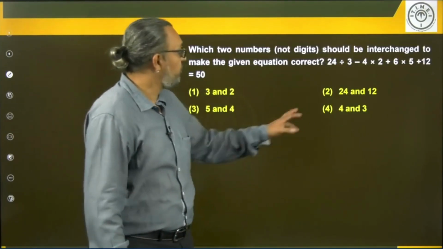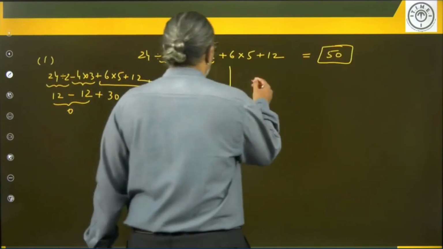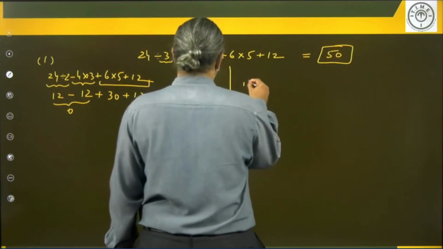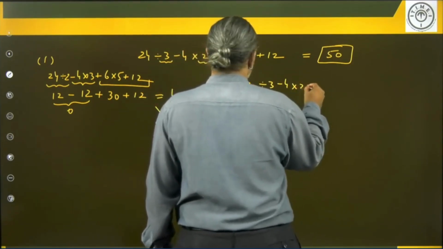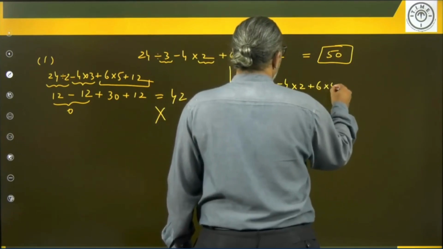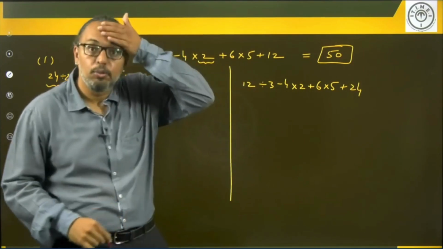Then let us take the second option. What is the second option we have? 24 and 12 are getting interchanged. Now if I interchange 24 and 12, we have 12 divided by 3 minus 4 into 2 plus 6 into 5 plus 24. How much is this going to be for us?